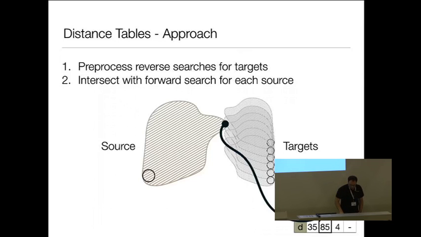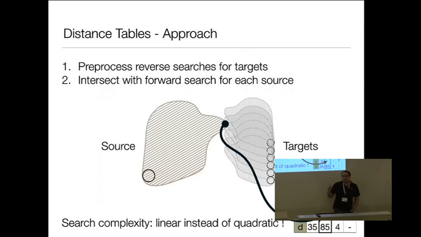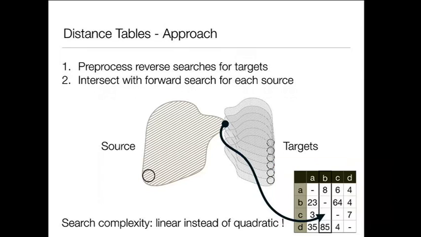And instead of computing one number at a time, we can compute entire rows or columns at a time, right? Because what we know is we have one source and many target locations, so we can just fill out the entire column at once.